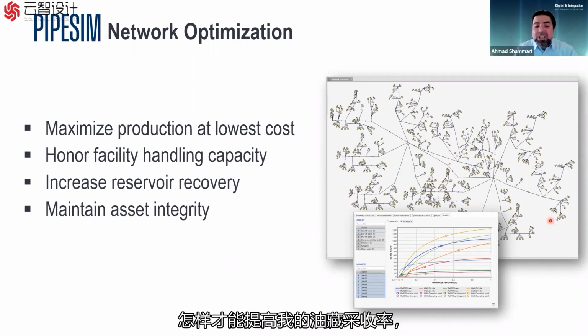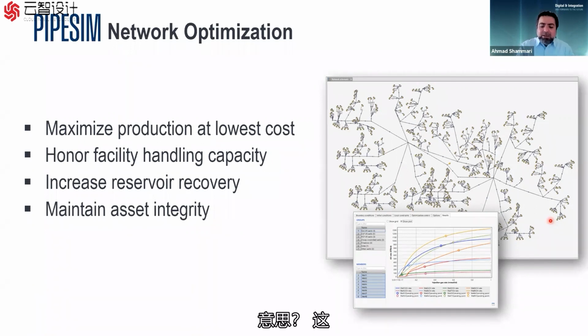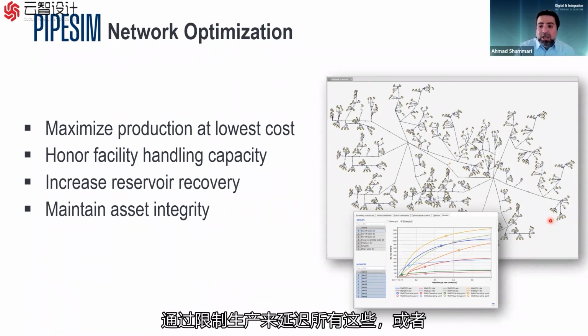How can I increase my reservoir recovery? What do you mean by reservoir recovery? Meaning you will need, for example, to delay water production, or maximize your production from the reservoir. If you have gas coning, if you have water coning, for example, then you need to delay all that by restricting the production.